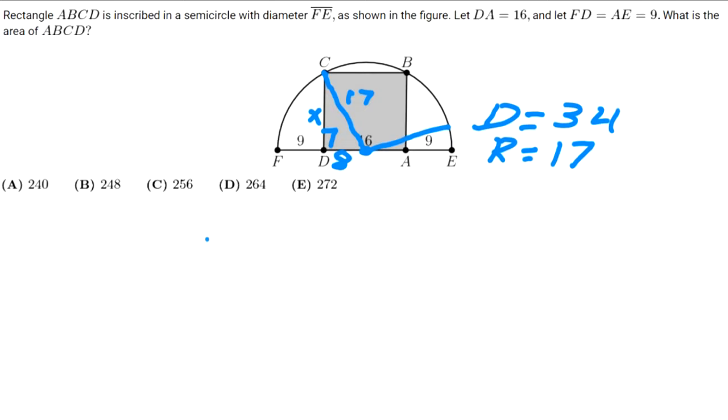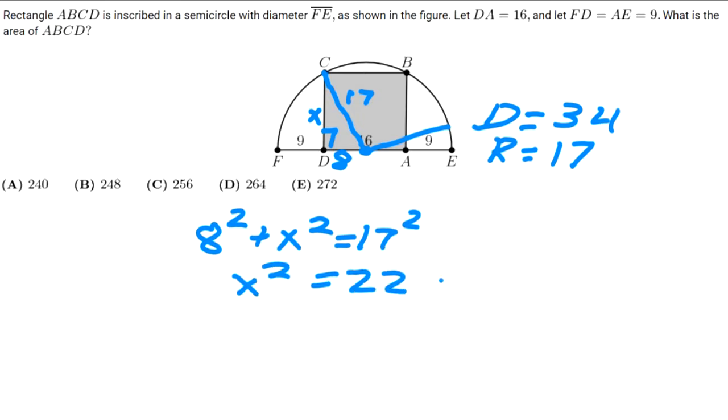So to solve this, that would be 8 squared plus x squared equals 17 squared. And to simplify that down, x squared equals 225. And if we simplify that down one more time, we get x equals 15.